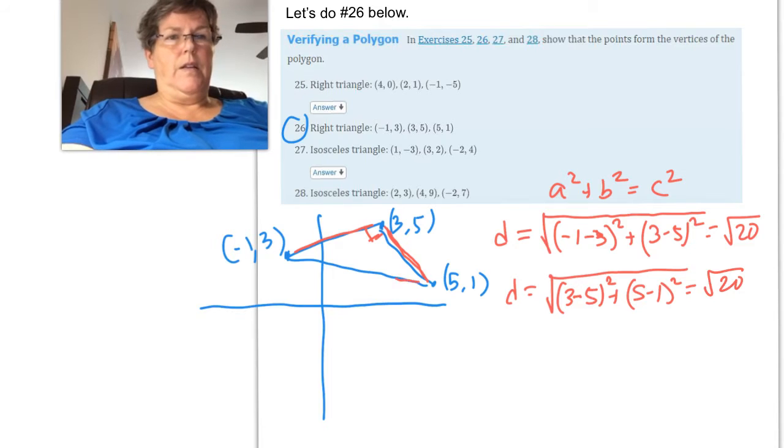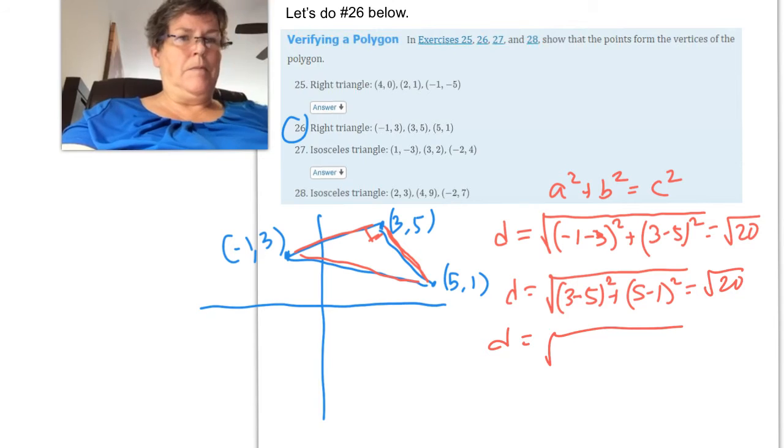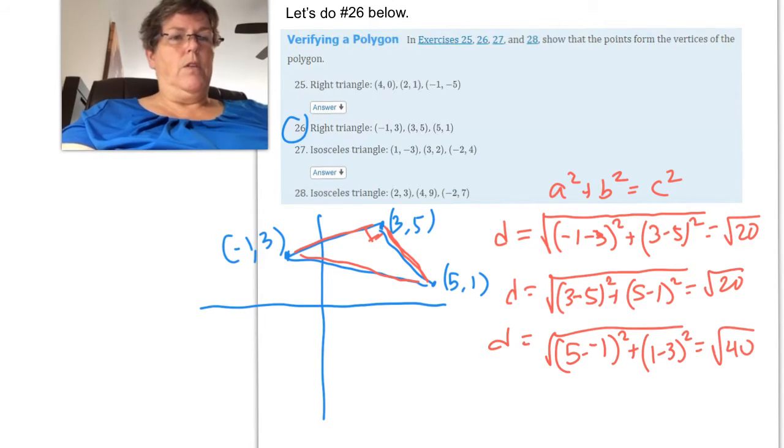And if I go to get this third leg, subtract the x's, 5 minus 1 squared plus 1 minus 3 squared, and I'm going to get 6 squared plus 4, that's the square root of 40. So let's see, did it quite work out?